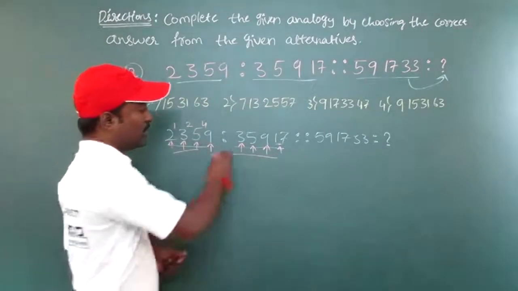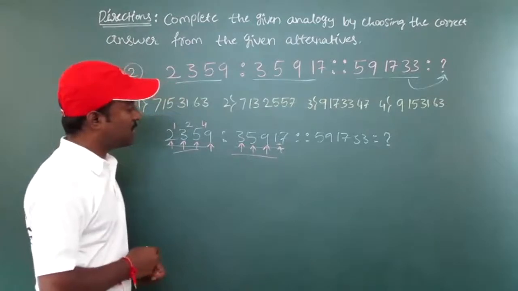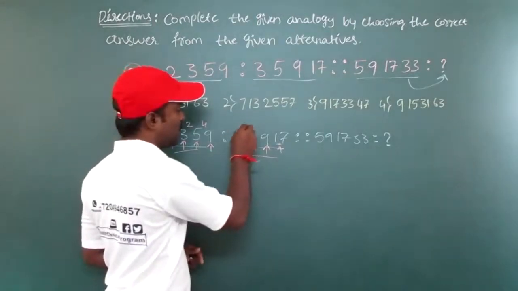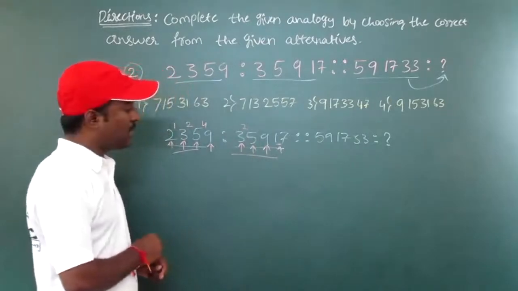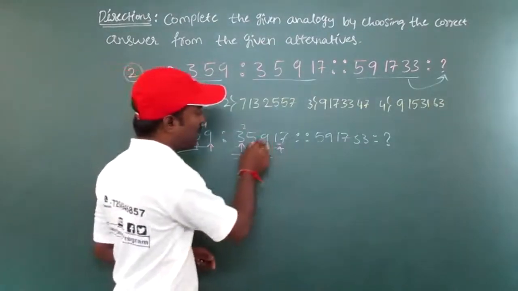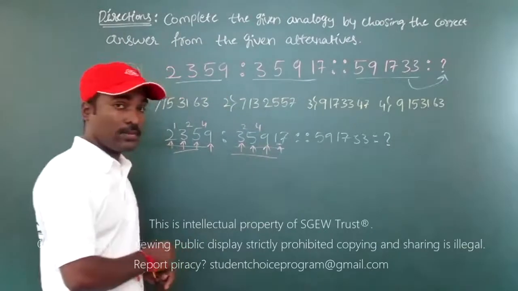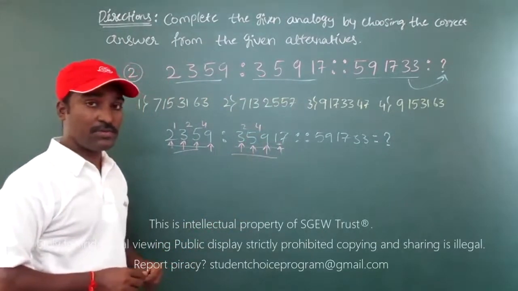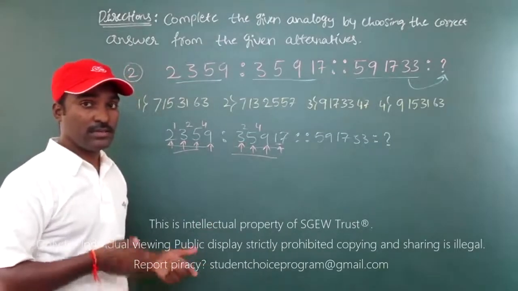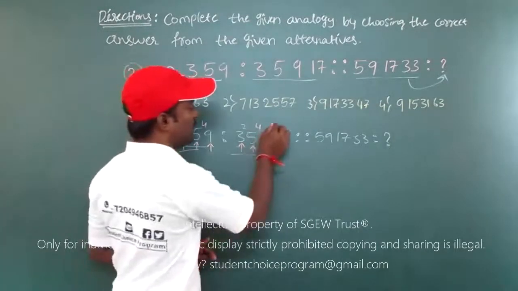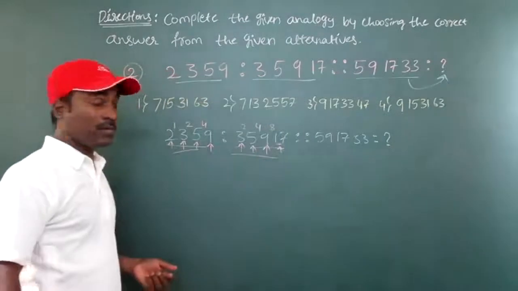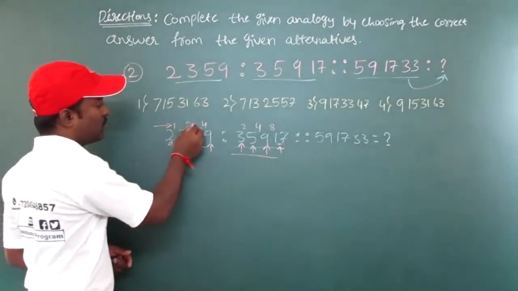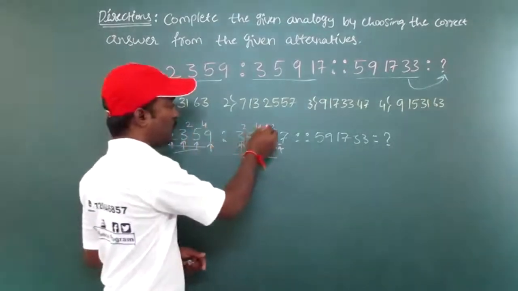Next, moving to this number, the difference between 5 and 3 is 2. Next, the difference between 9 and 5 is 4. Next, the difference between 17 and 9 is 8. If you observe carefully, these numbers are 1, 2, 4, 2, 4, 8.